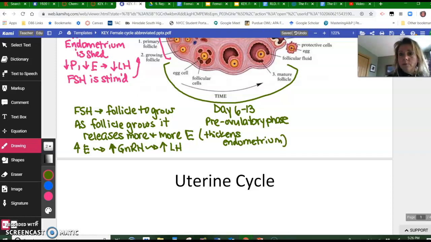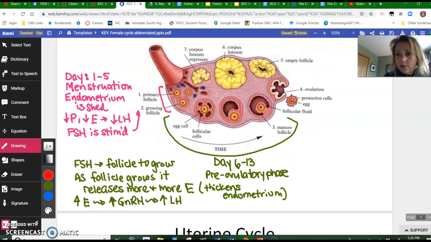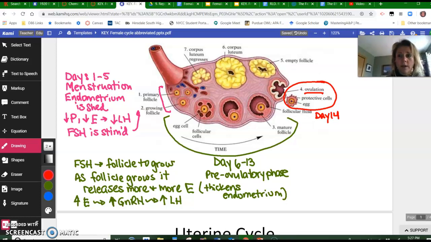Okay, so we've gone through days 6 through 13, and I'm going to choose a different color here. I'll choose red in order to take a look at day 14. So day 14, we have ovulation or liberation of the oocyte from our mature follicle, which has the other name of a Graafian follicle.